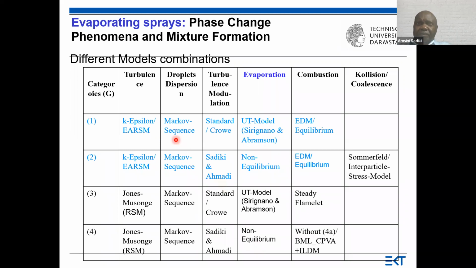If we restrict to the RANS modeling, then for the turbulence we have, for example, the k-epsilon model, the explicit algebraic model. We can also have the second-order moment turbulence models, not only for the turbulence, but we can also have the same for the mixture. So for the droplets, I will come back to this.